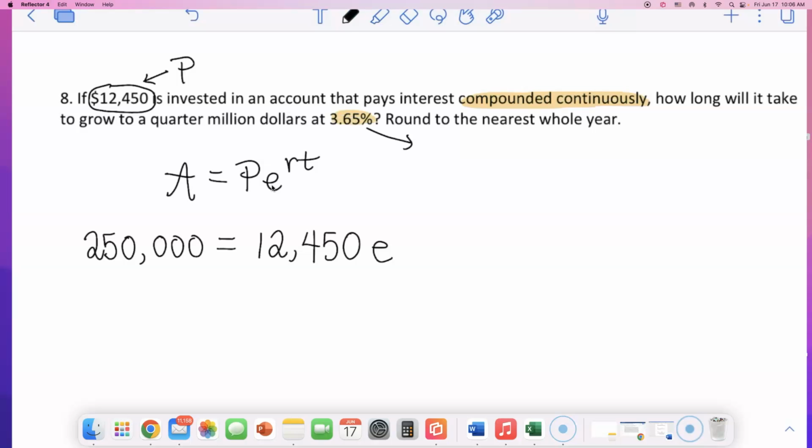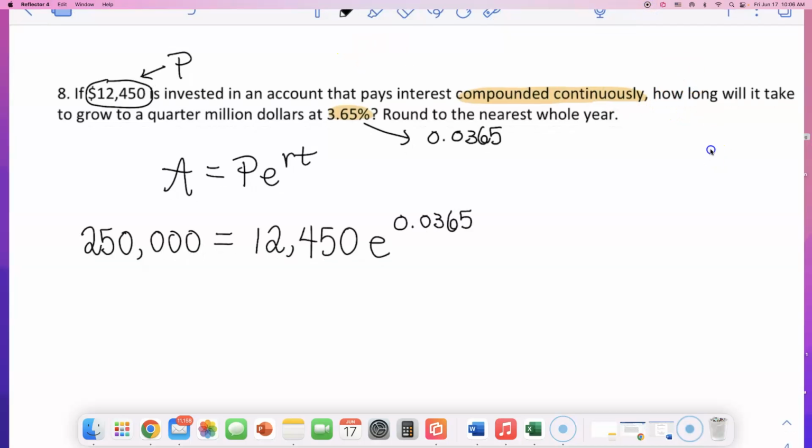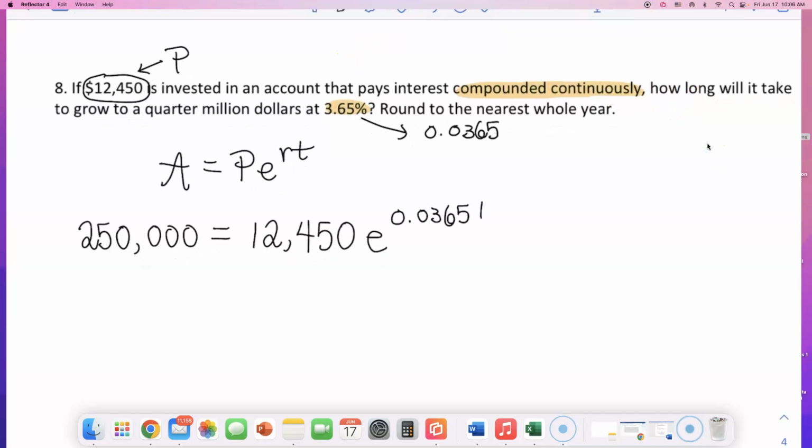Well, 3.65% in decimal is 0.0365, so that's our r. 0.0365 times t, but t is unknown because we are asked to find how long it will take. So keep that as t.